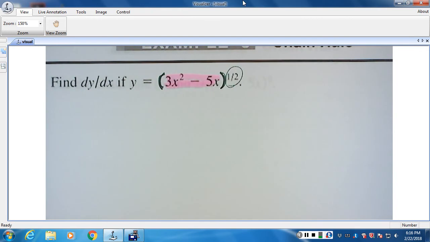This is the way the chain rule works. I'm going to tell it to you in words. I'm not going to show it to you like a formula.